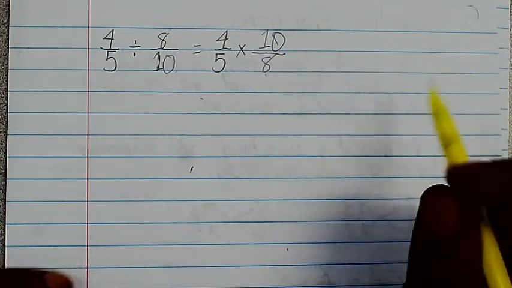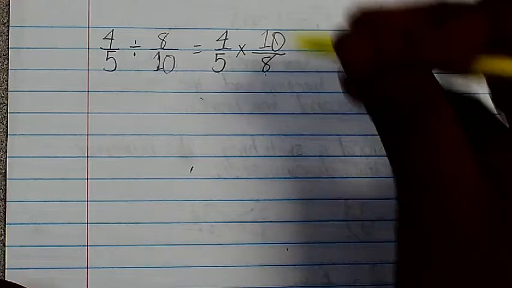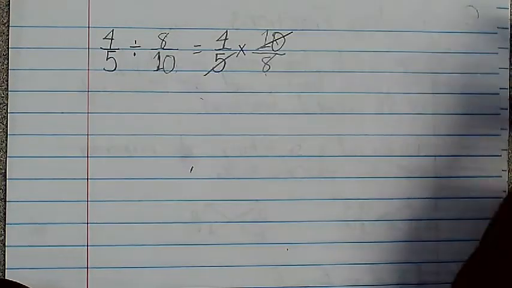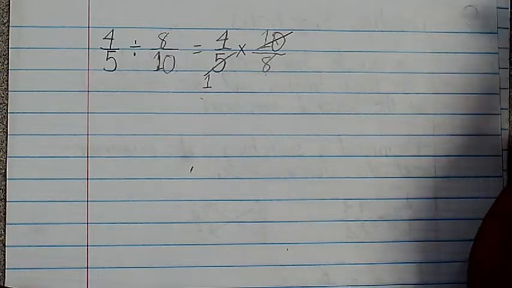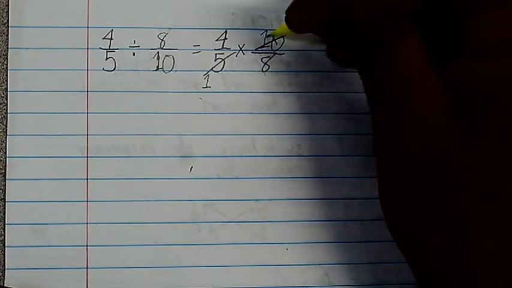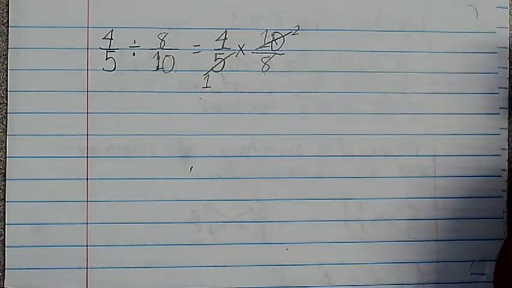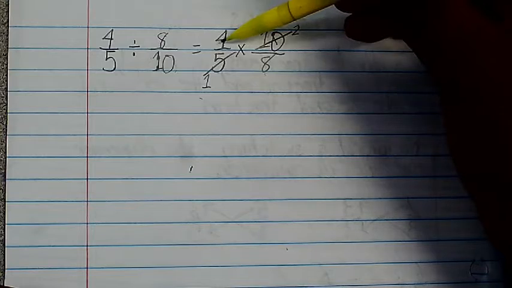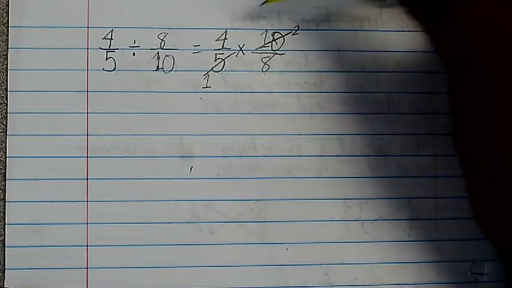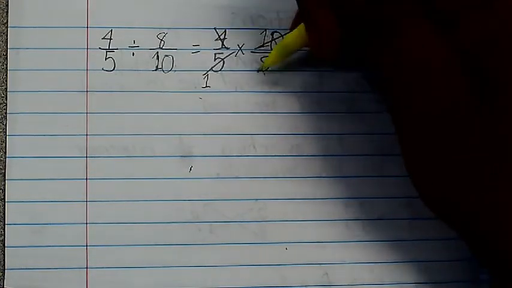All right. Then we look to cross simplify. Of course, 5 and 10 are multiples of 5. So we can divide 5 by 5, that gives us 1. We can divide 10 by 5, that gives us 2. We can also do the same for 4 and 8. 4 and 8 are multiples of 4.